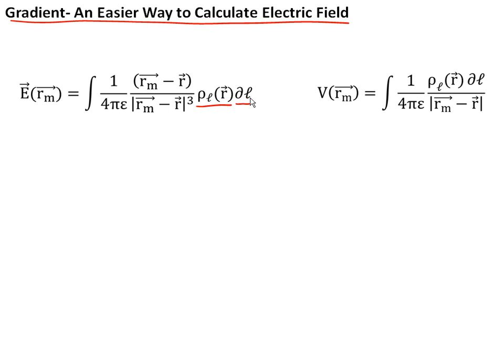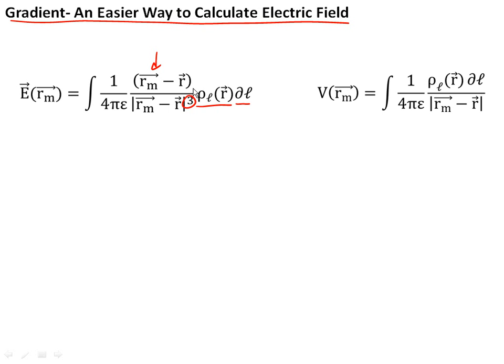I'm going to integrate along a path in three-dimensional space here, and not only do I have to consider three dimensions when doing this integration, I essentially have to think of a vector in the numerator and a term that has a cube in the denominator. This is probably a really, really nasty integral to do, and is not something I want to attempt analytically unless I was very, very fond of mathematical masturbation.